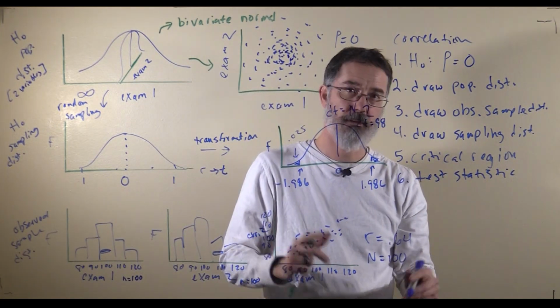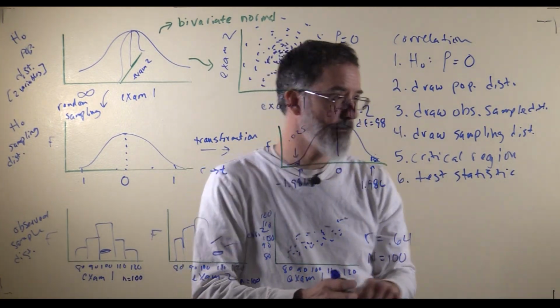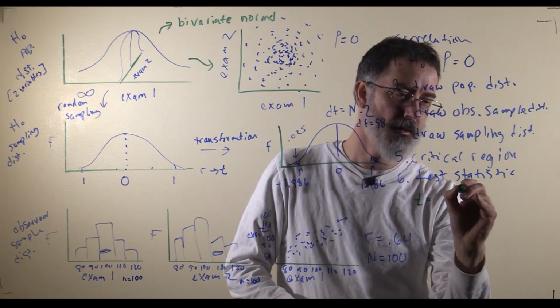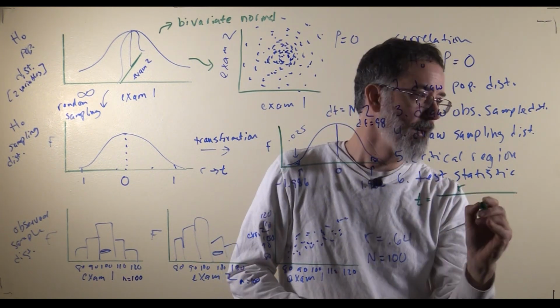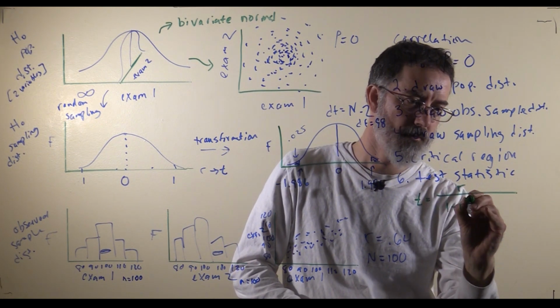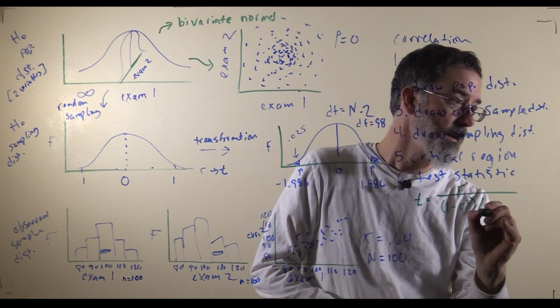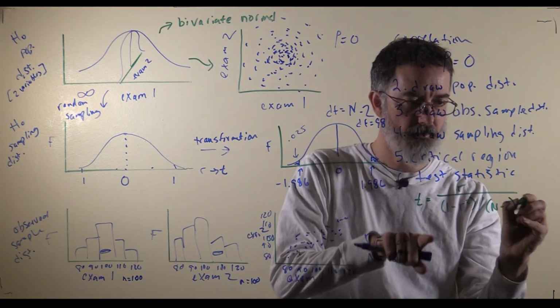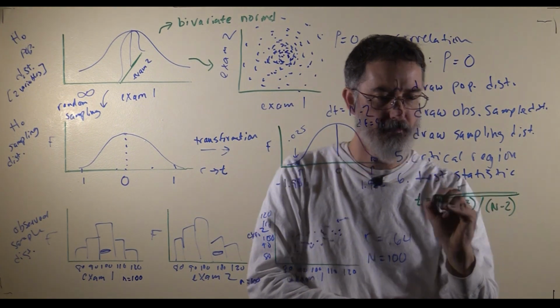And there's a special formula that you'll need to use to do that. So to get our t-statistic, what we do is we take our observed correlation coefficient, divide that by 1 minus the correlation coefficient squared, divided by the degrees of freedom. And this whole denominator, we'll take the square root of that.